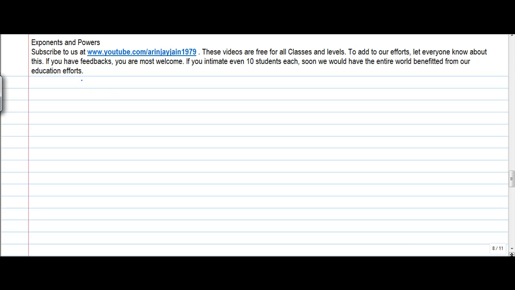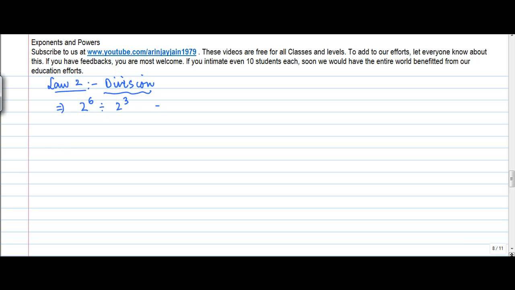Let us look at the second law of exponent, which is relating to division. Suppose you were told to divide 2 to the power 6 by 2 to the power 3.